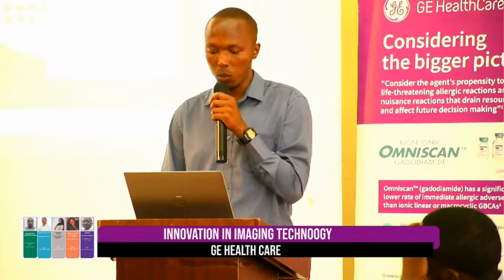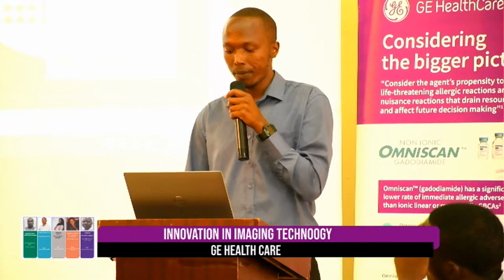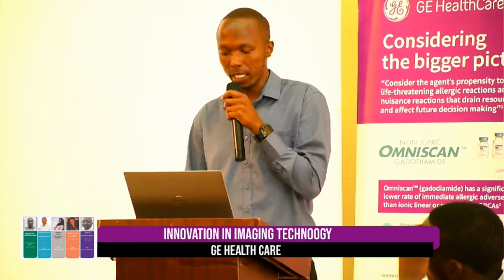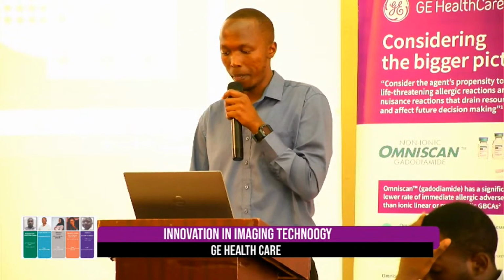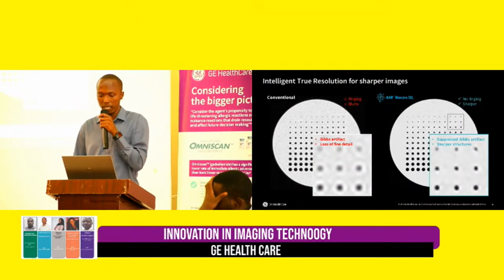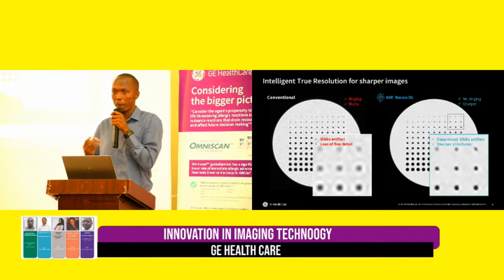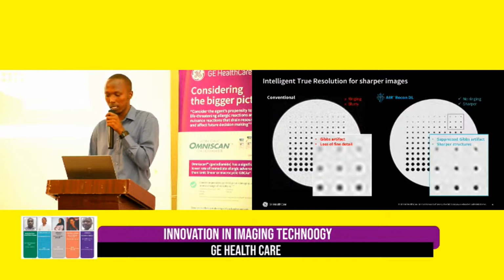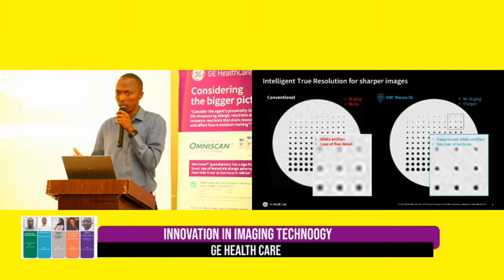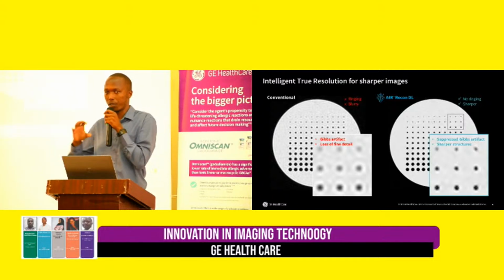If you zoom in, there will be a lot of ringing or Gibbs artifacts. Gibbs artifacts basically occur when there is undersampling. And also we lose fine details on the smaller dots. But when we use AIR Recon deep learning, it is able to remove the ringing artifacts and also improve the details of the structures that we are assessing. So our image becomes sharper, and we don't see the ringing artifacts because AIR Recon works on the raw data to remove the artifacts.